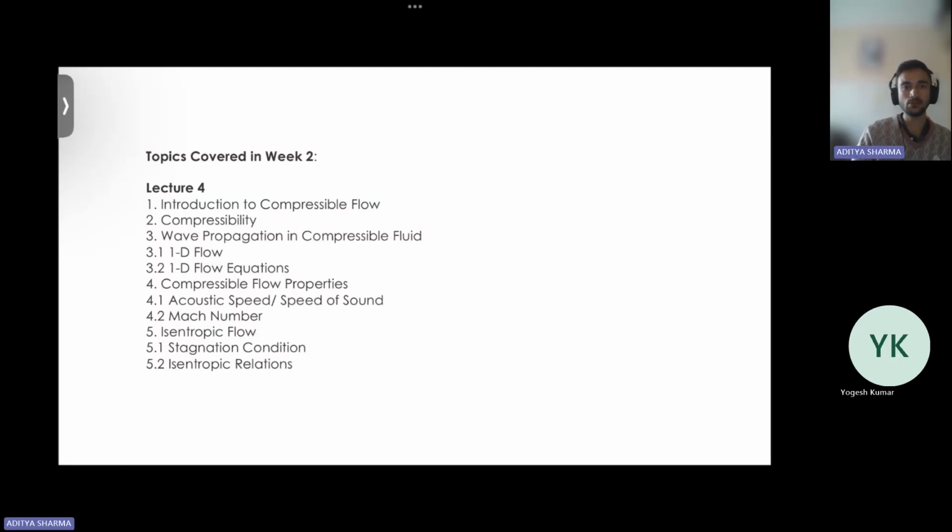Then we moved on to propagation in a compressible fluid. Here we saw that if in a stationary fluid we introduce some disturbance, how that disturbance propagates in that medium.